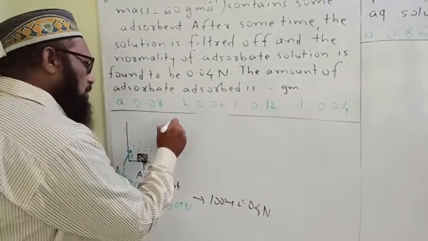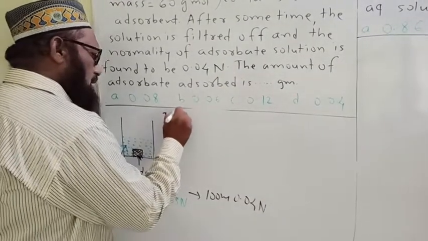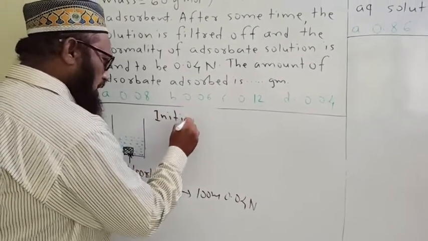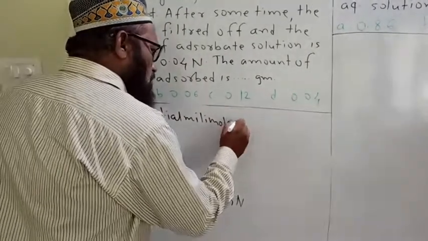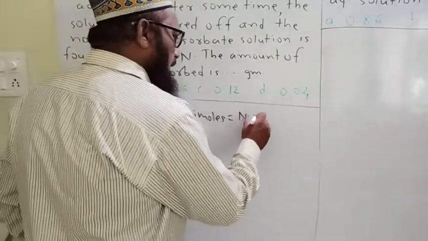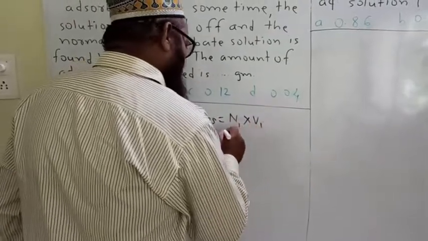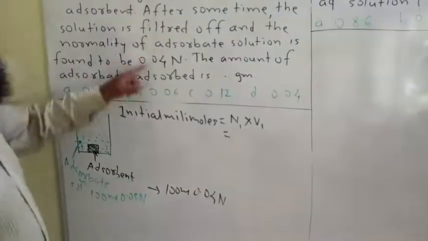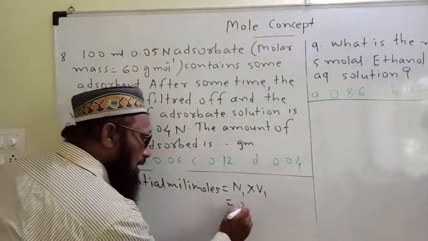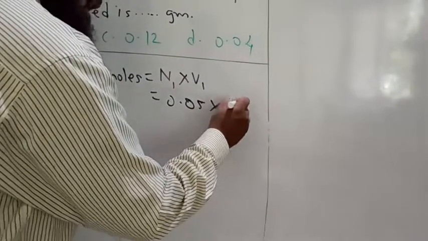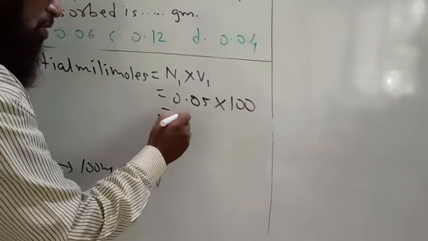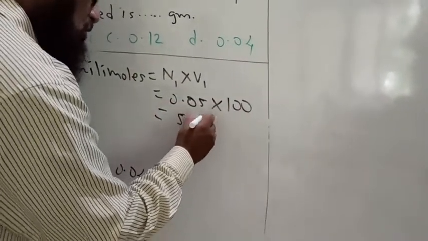First we have to calculate the initial number of millimoles. Initial millimoles is equal to initial normality into initial volume. Initial normality is 0.05 normal, volume is equal to 100 ml. This comes to 5 millimoles.